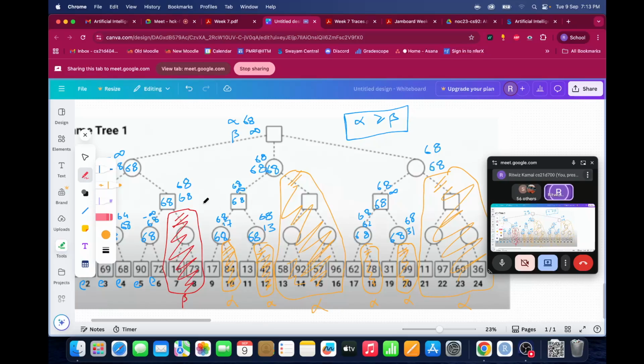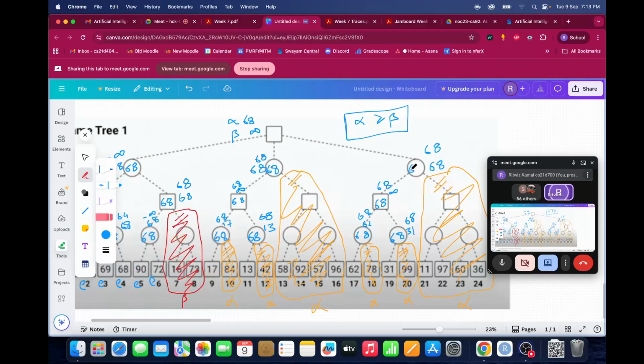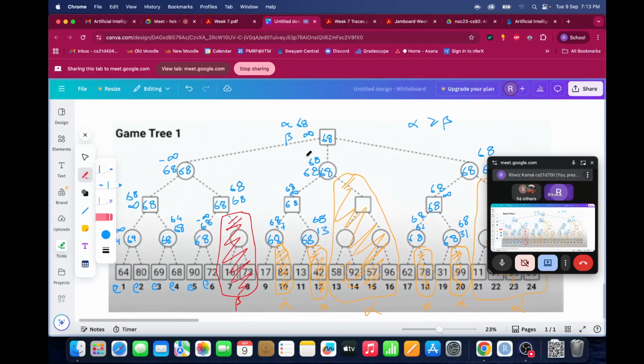This is one more alpha, and this will also return 68. This will also return 68 to its parent max node, which already has an alpha value of 68, so no change will happen. And finally, this max node will return an alpha value of 68, and we have concluded the algorithm.